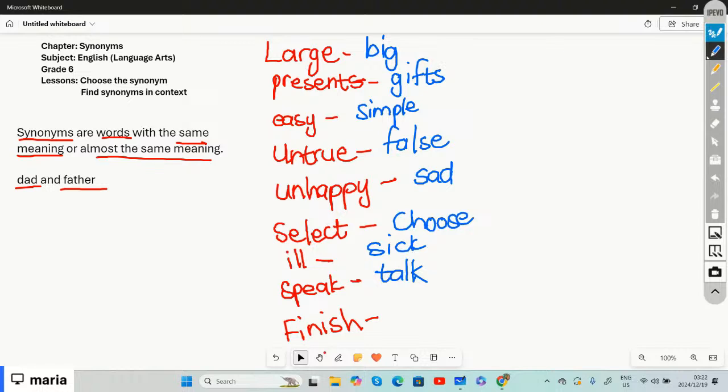And then the last one, finish. What is another word for finish? If you finish something, let's say you finish a game. What is another word for finish the game?